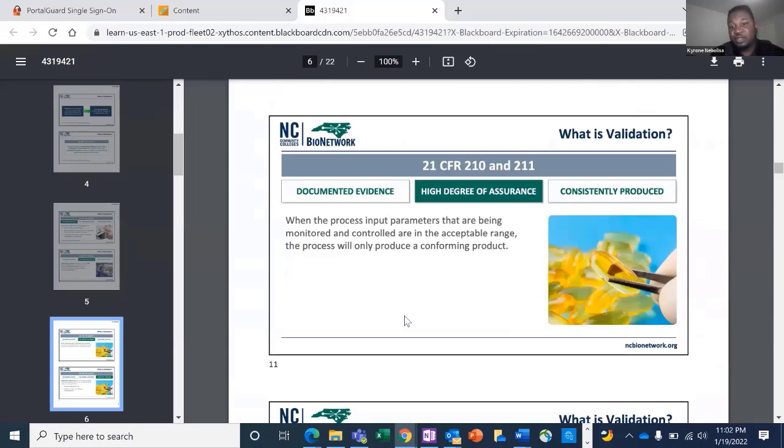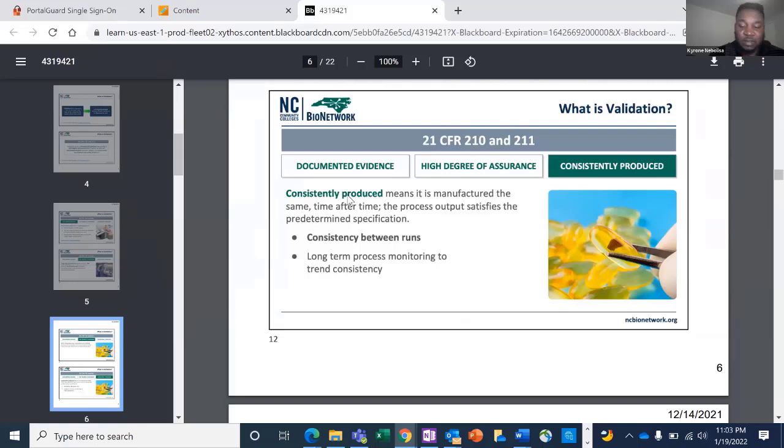And as you go through your validation process, you want to monitor and make sure that any acceptance criteria or process parameters that you have in place, let's say you monitor the pH and it needs to be within a certain range, or conductivity, or you're doing QC testing and you're testing for endotoxin or anything that you need to monitor for the process. You want to make sure that you consistently monitor and show that you are in steady control by being within your acceptance criteria. So that also ultimately leads to a high degree of assurance that you're going to be able to produce a consistent and high performing batch on a consistent basis.